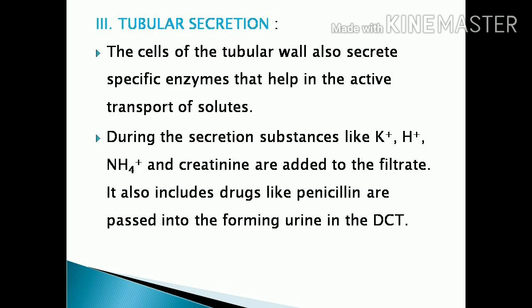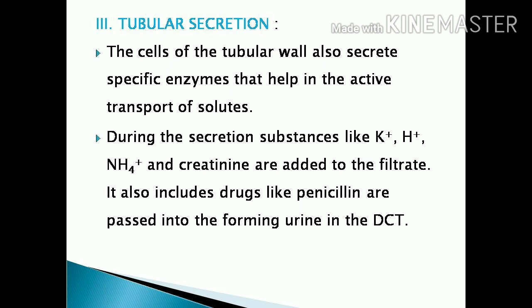It helps in removal of toxic substances from the body and also helps in maintaining the pH of blood. The activity of tubular cells is involved in this passage, thus it is called tubular secretion.